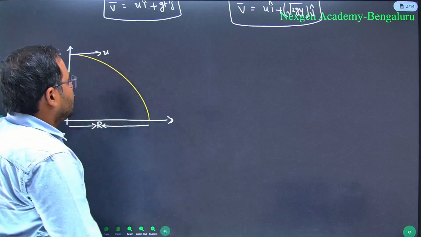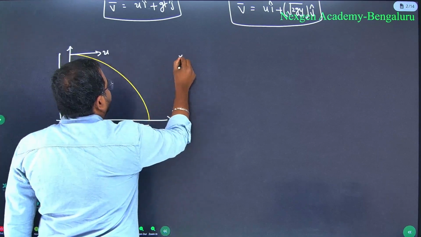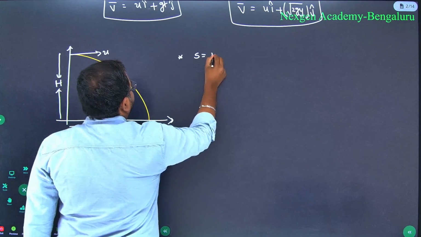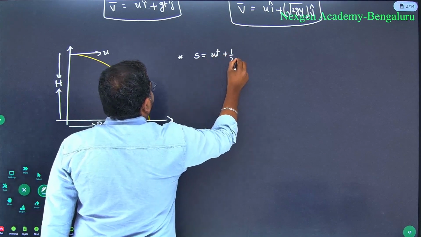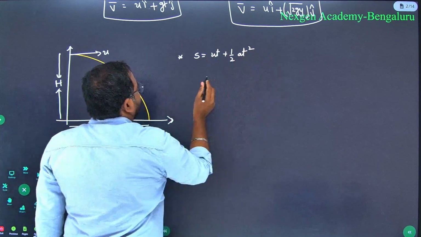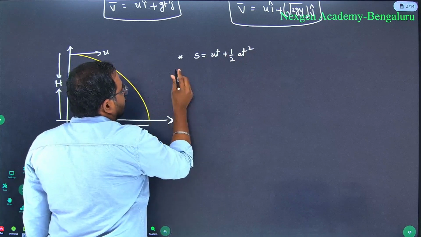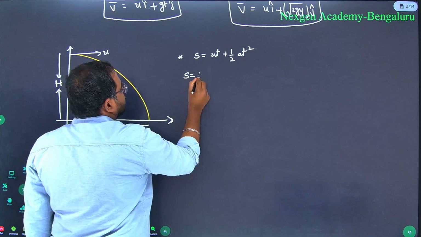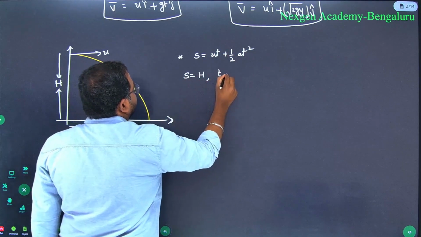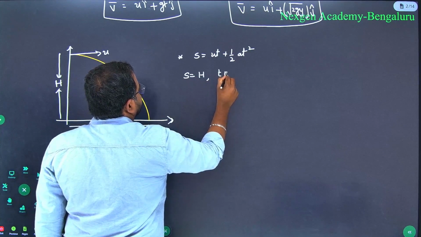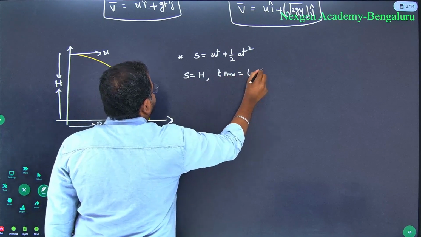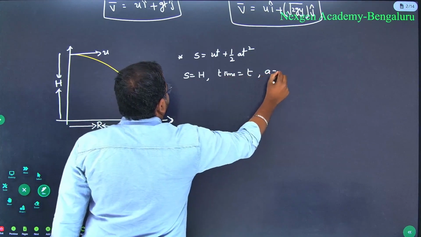Here, using the formula S is equal to ut plus half at square, vertical displacement is equal to h, the time taken we are assuming as t, acceleration is equal to g.